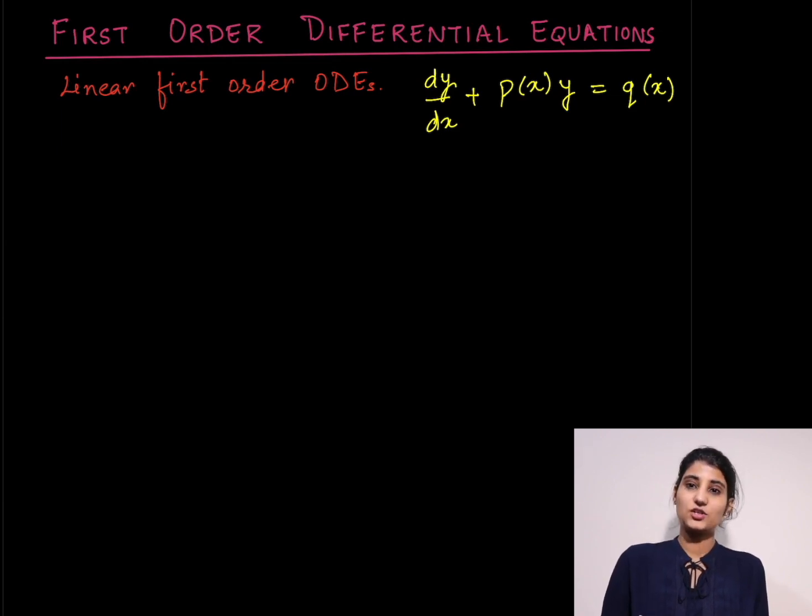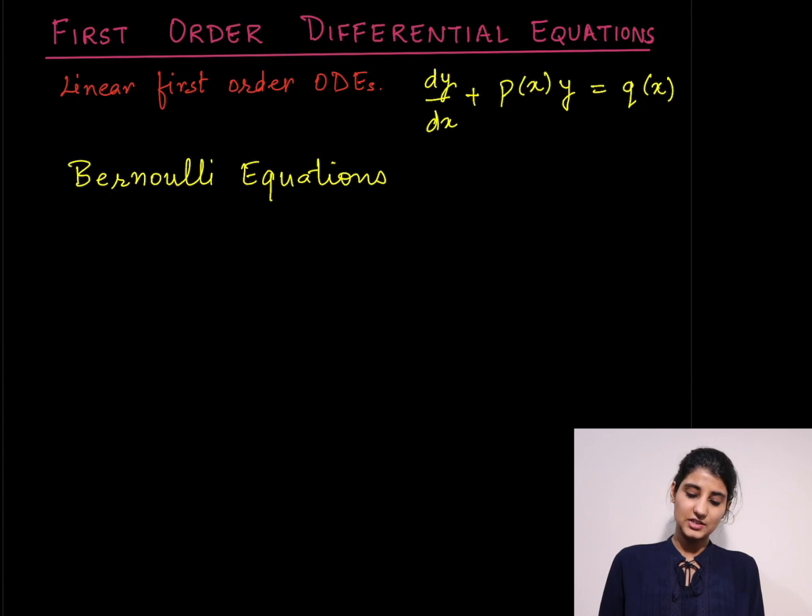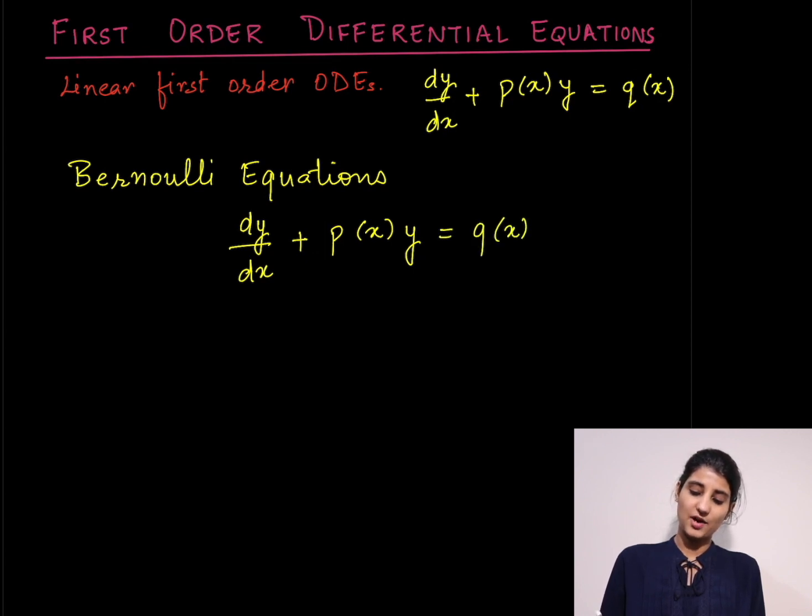So in this lecture, we are going to talk about Bernoulli equations. And Bernoulli equations are of the form dy over dx plus p(x) times y equal to q(x) y power n.